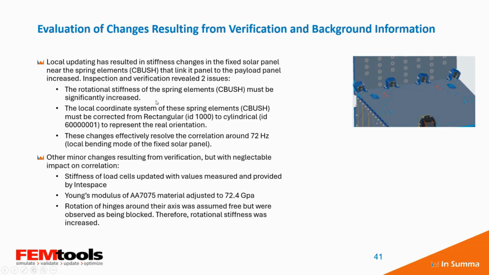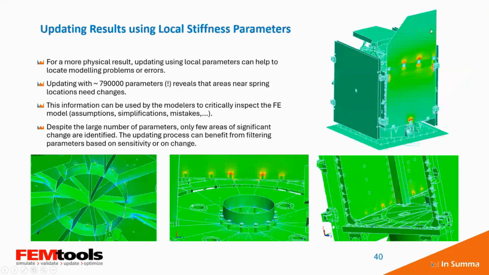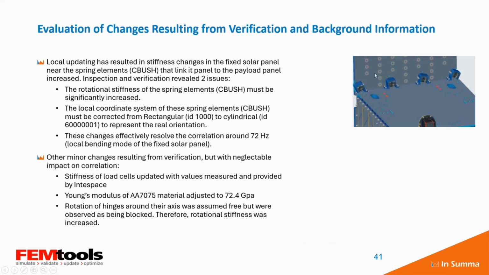demonstrated that actually the joints between the solar panel and the payload panel need to be revised. So this is the area that you see here highlighted, and by then inspecting the model, it was found that the rotational stiffness had to be significantly increased, but also that there was a mistake in the definition of the local coordinate system for the C-bush.